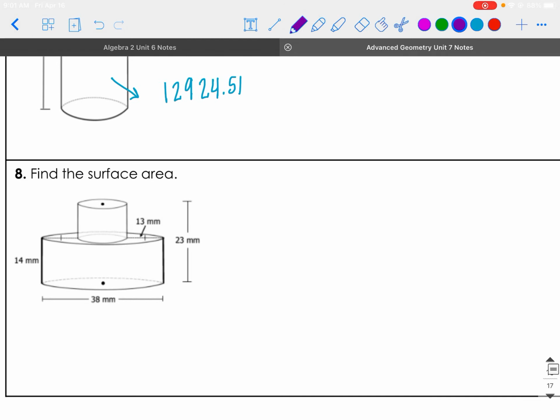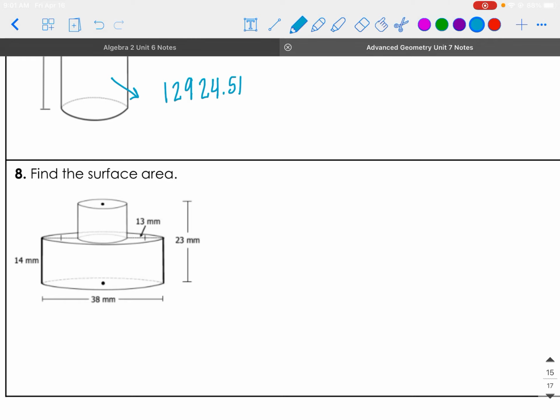All right. Number 8 is another tricky one with surface area. So basically we have two cylinders, which doesn't seem so bad, but it's the part that you have to take off that makes it harder.